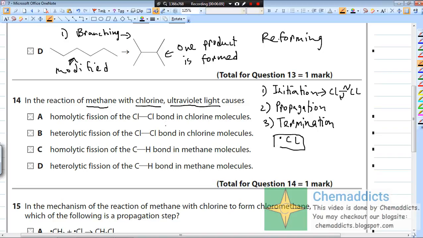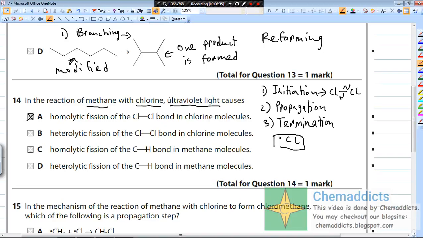For that, the chlorine bond needs to break down into two different free radicals, so it has to be broken homolytically. So the answer should be A: homolytic fission of the chlorine bond in chlorine molecules.